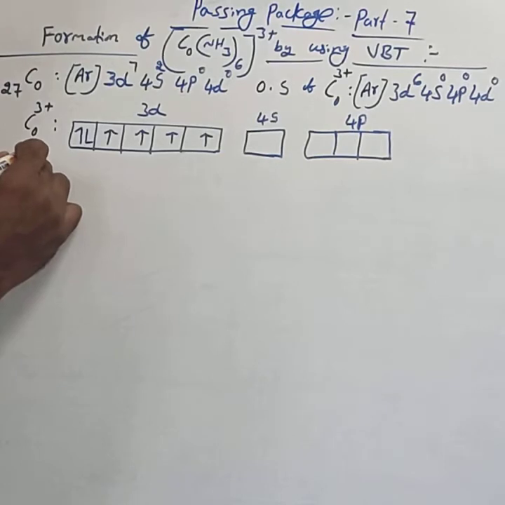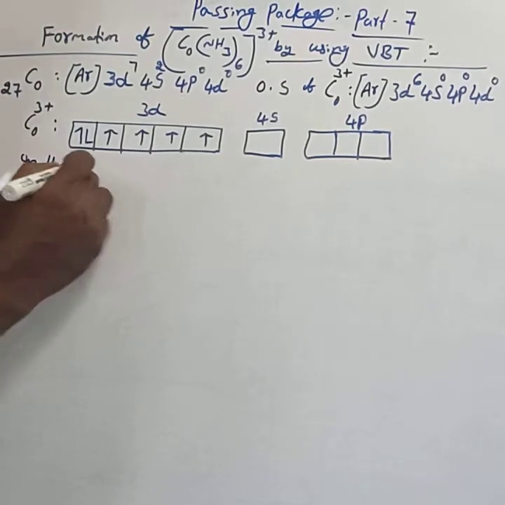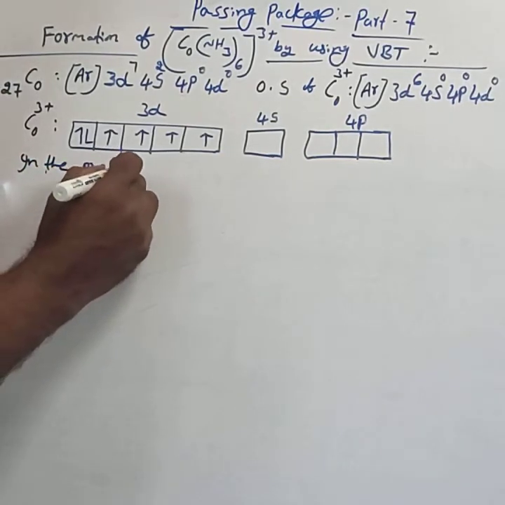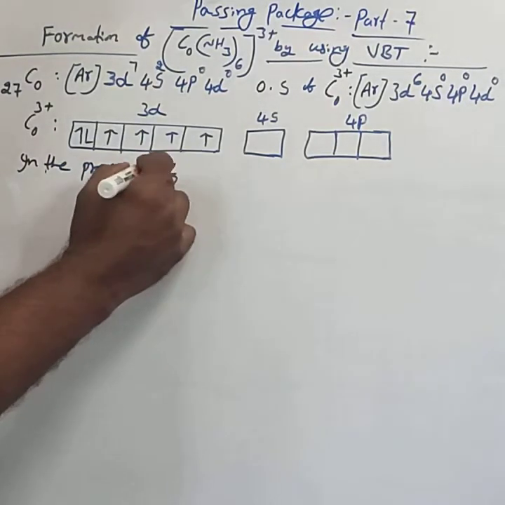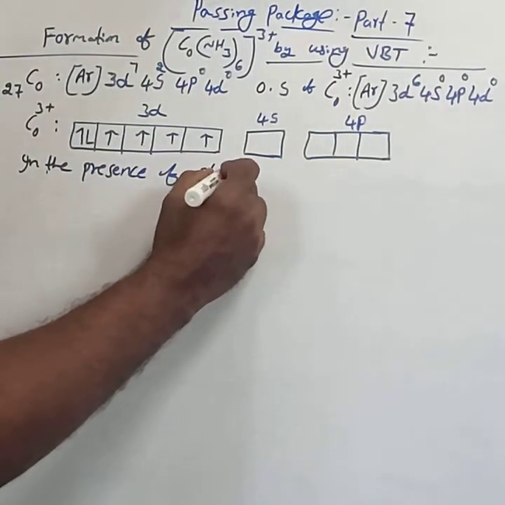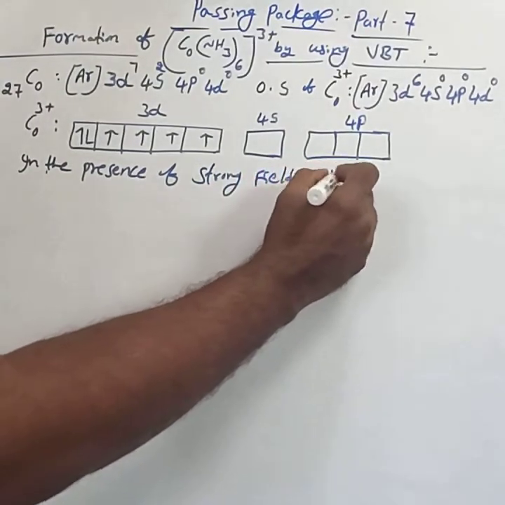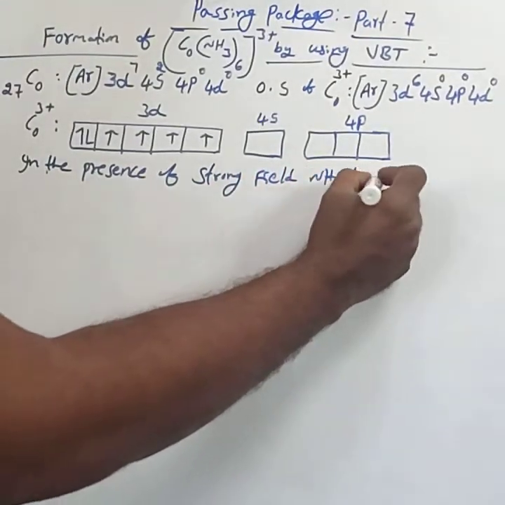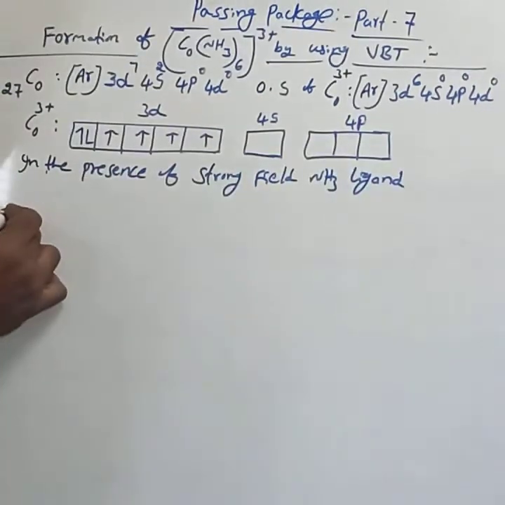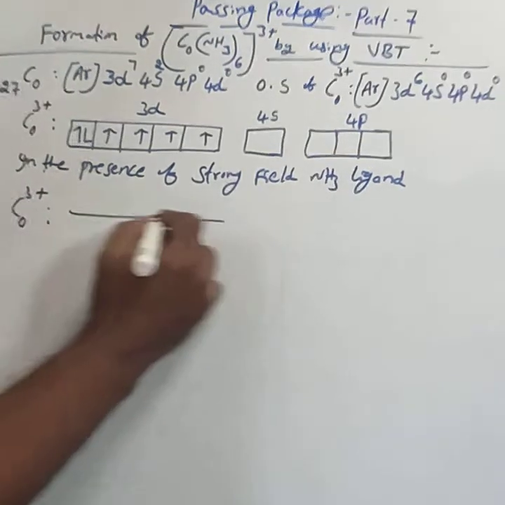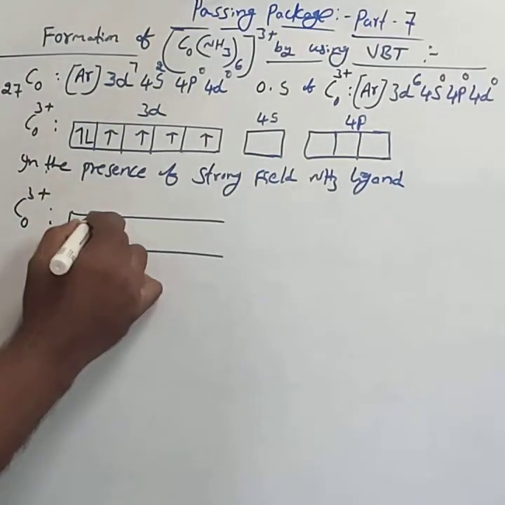In the presence of the strong field NH3 ligand, you observe the cobalt configuration changes. This is the 3d subshell.